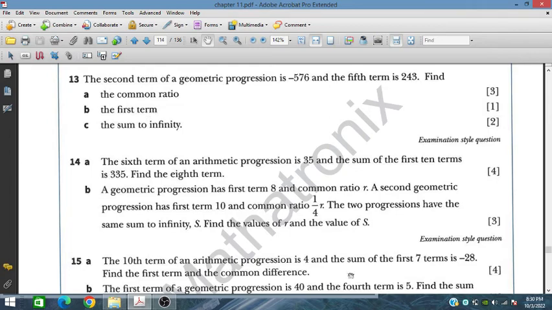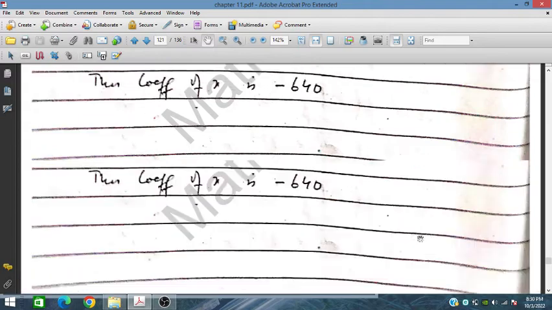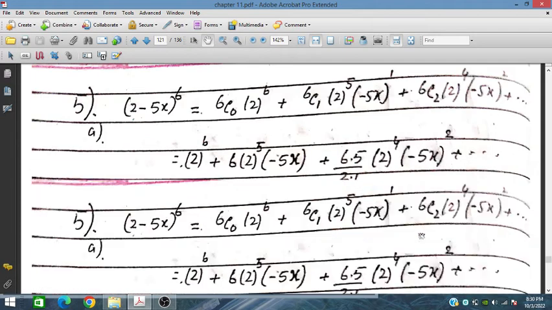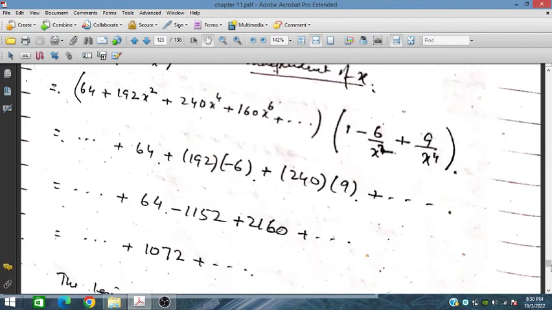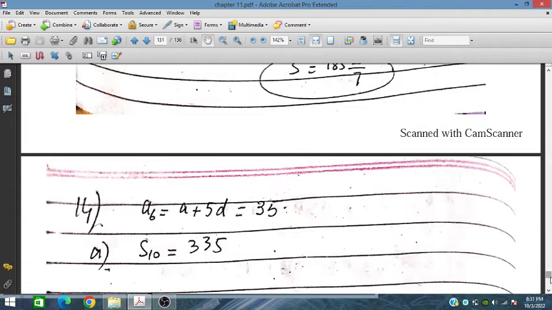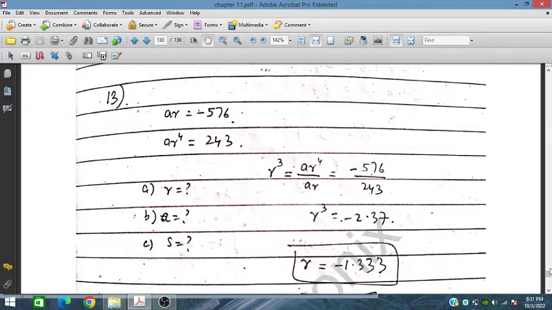So let's solve this, problem number 13. ar is given as minus 576 and ar to the power 4 is given as the fifth term, 243.